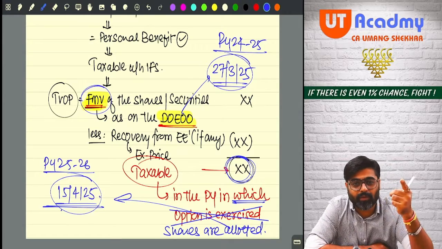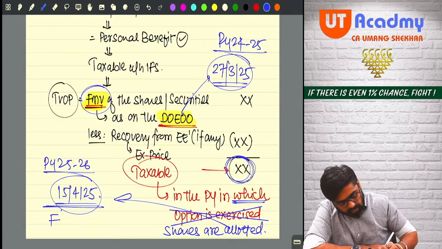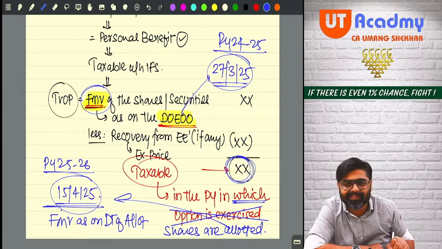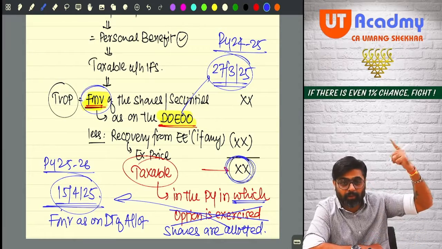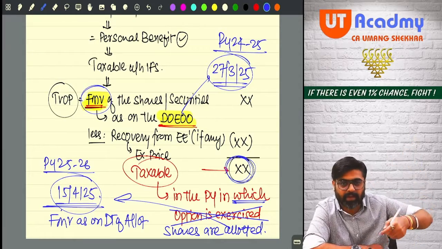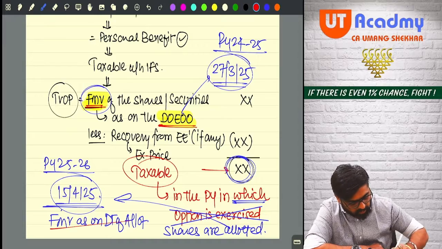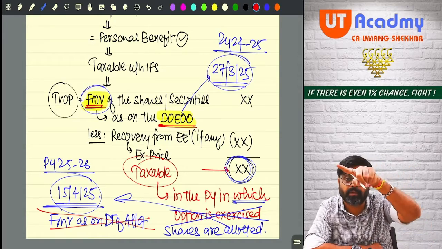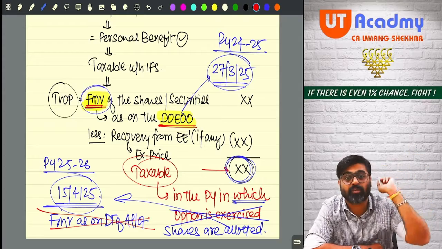Now what they will do, they will give you the fair market value as on the date of allotment also. So to value the perquisite, will you take this fair market value? You have to ignore this fair market value. The valuation will be done based on the fair market value prevailing as on the date of exercise of option.